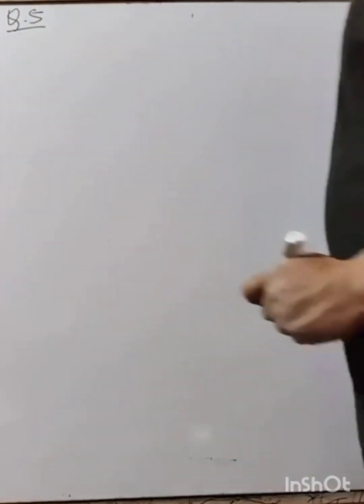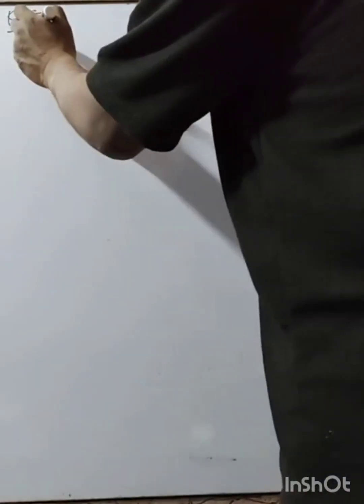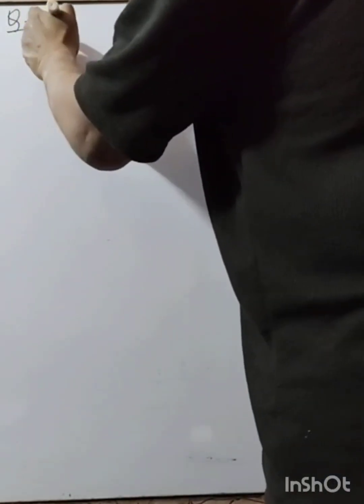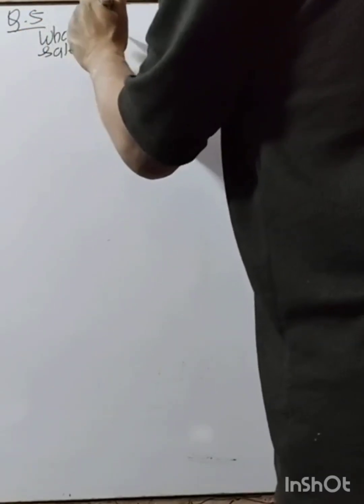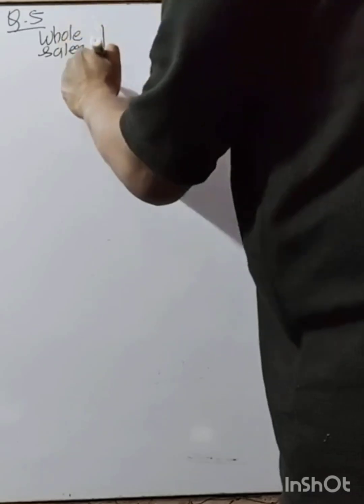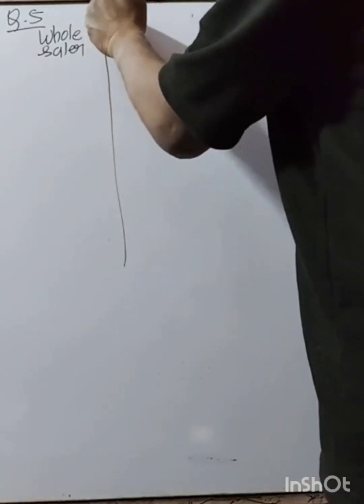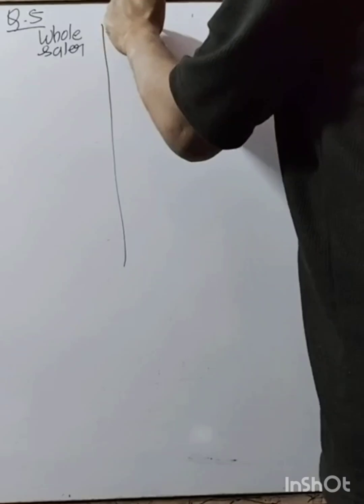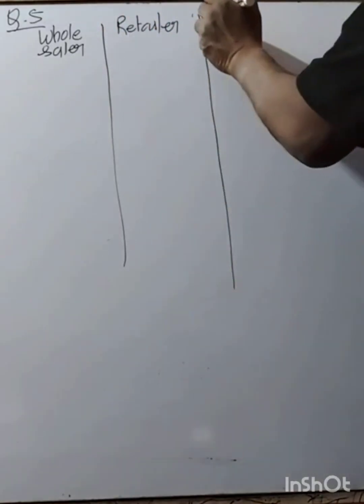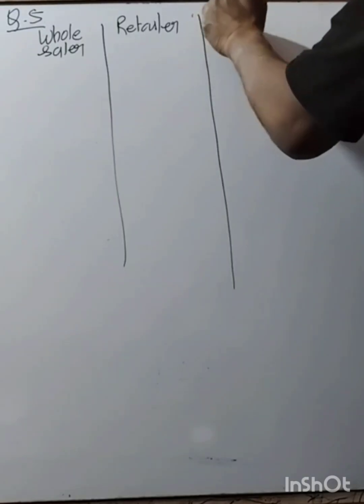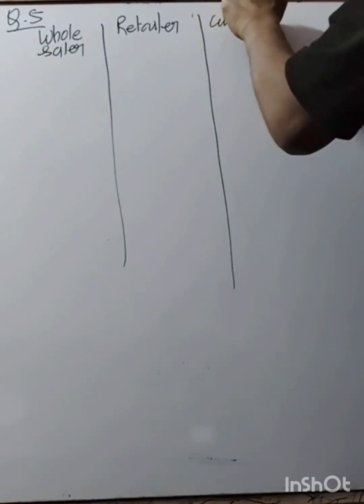Again, question number 5. Right, so there is a wholesaler, there is a retailer, and there is a customer.